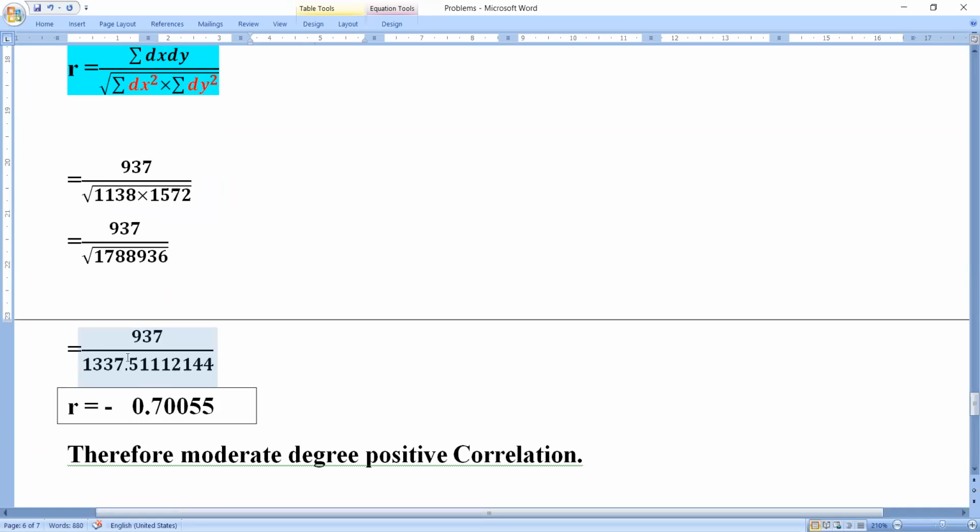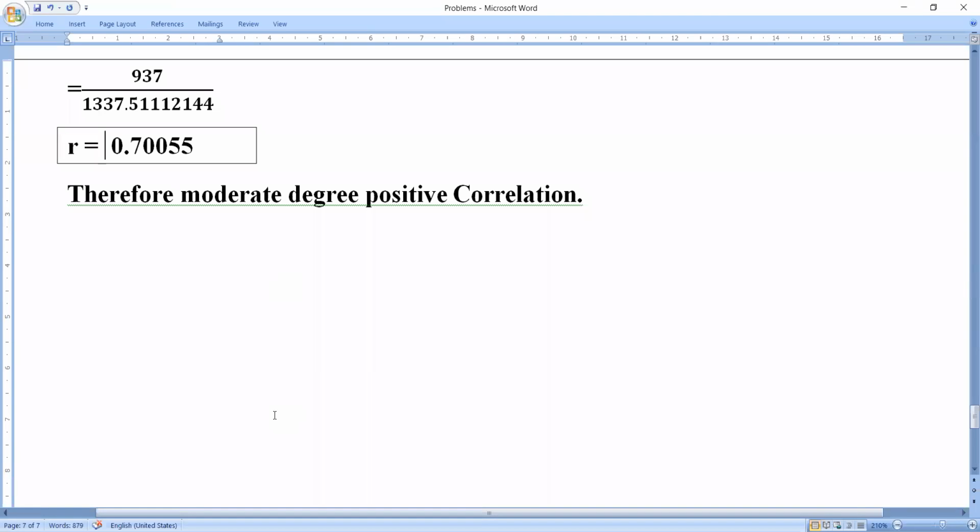When we divide 937 by this, we get 0.70055. This is a moderate degree positive correlation, and that is the answer.